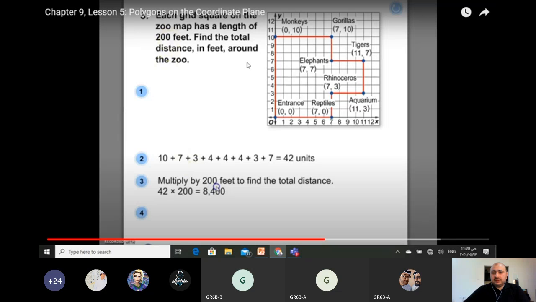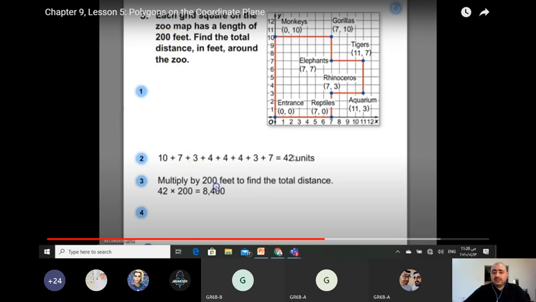To solve the perimeter, meaning the distance around the zoo, you can just add all the sides of the red line. So you can write 10 plus 7 plus 3 plus 4 plus 4 plus 4 plus 3 plus 7, which will be 42 units.